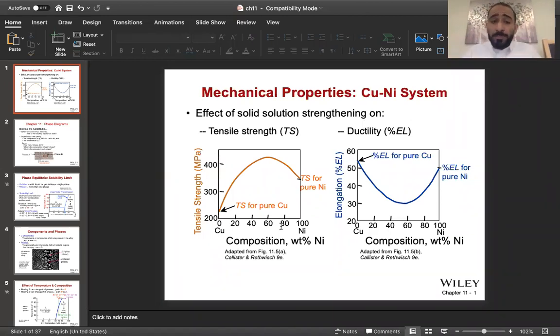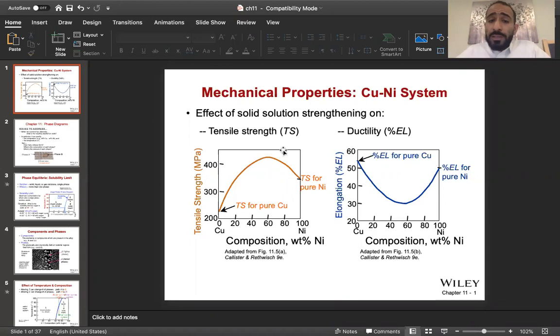For example, copper has a certain tensile strength, around let's say 210, and once you start to make a solid solution by adding nickel to copper, as you add 20% nickel, so we have 20% nickel and 80% copper, the tensile strength is going to increase and peak at around 410 megapascal.